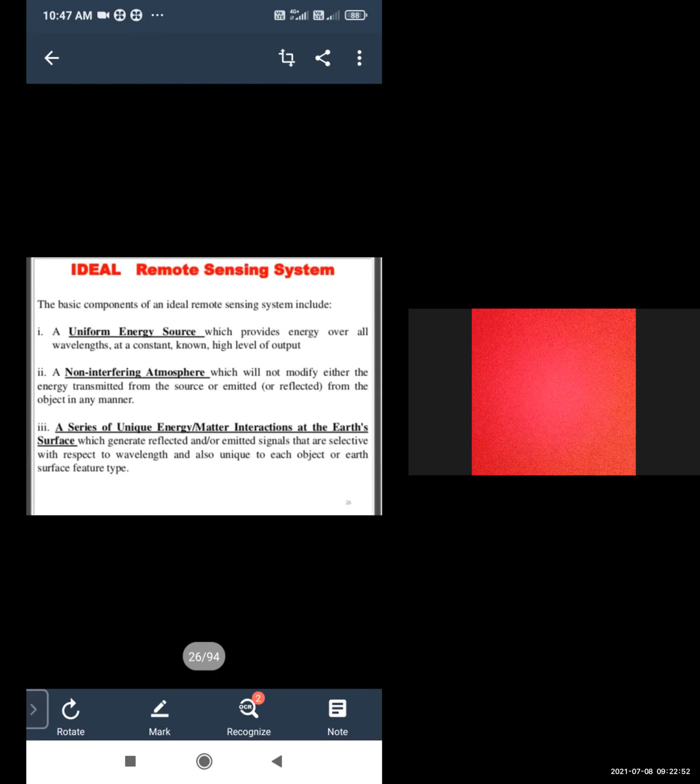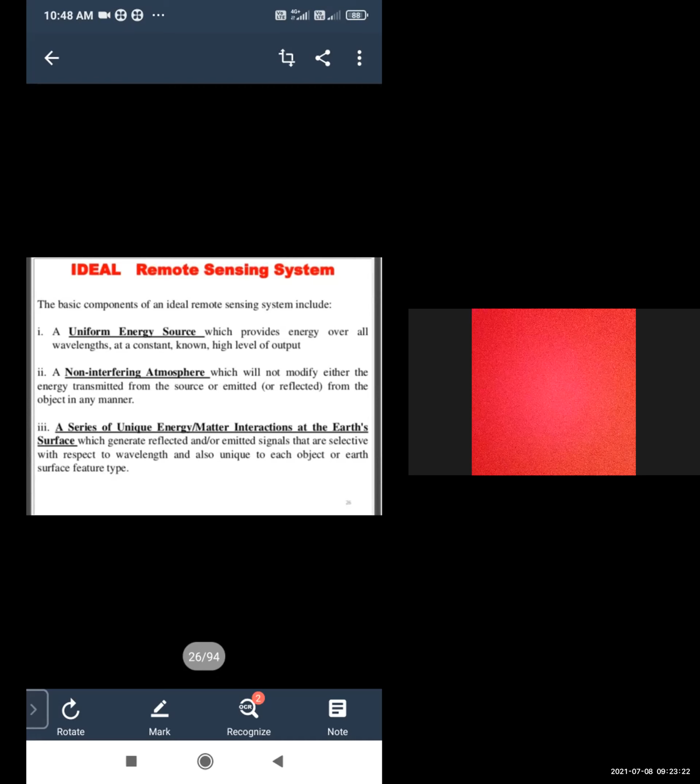The remote sensing system depends on an energy source, so for ideal conditions, the energy source is available every time.